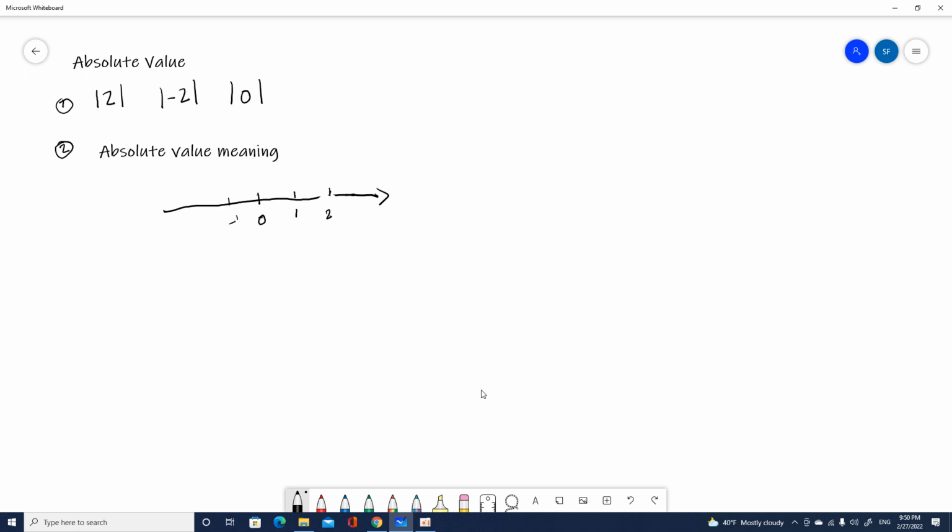This is negative 1. This is negative 2. If we think about negative 2's absolute value, basically it means the distance from this point to the origin point, basically this distance.